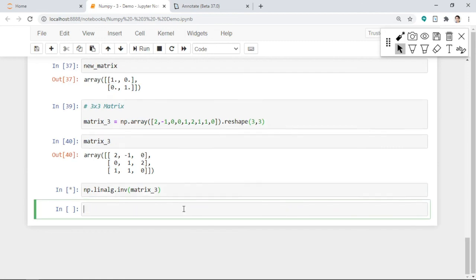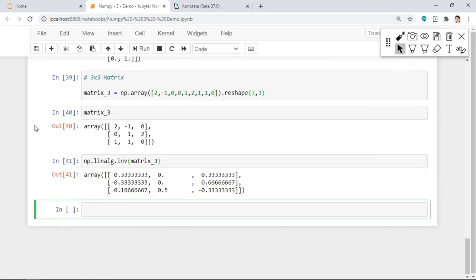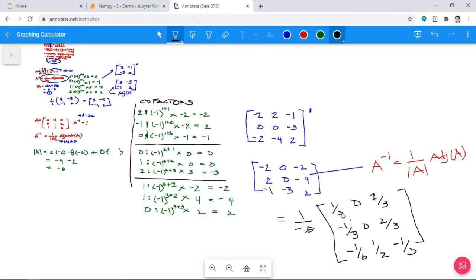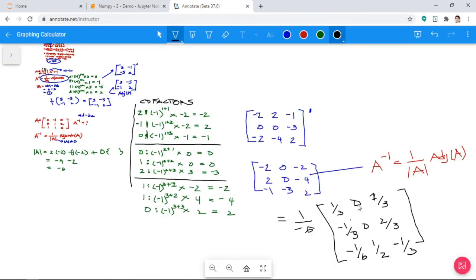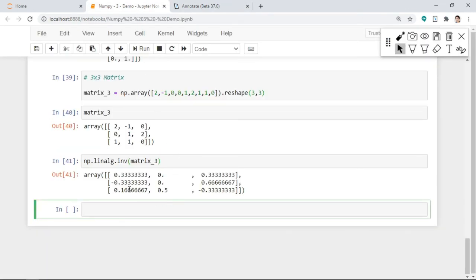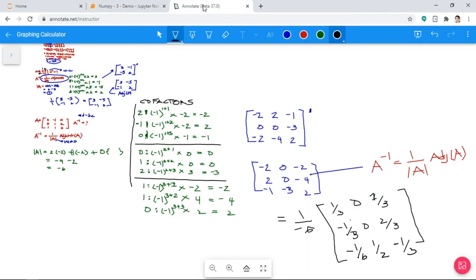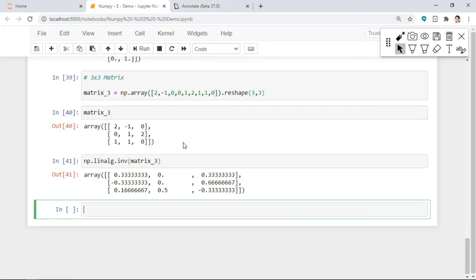Shift, enter. So we have 0.33, 0.33, 0.33, 0.33. Then negative 0.33, 0.66. Okay, so far so good.